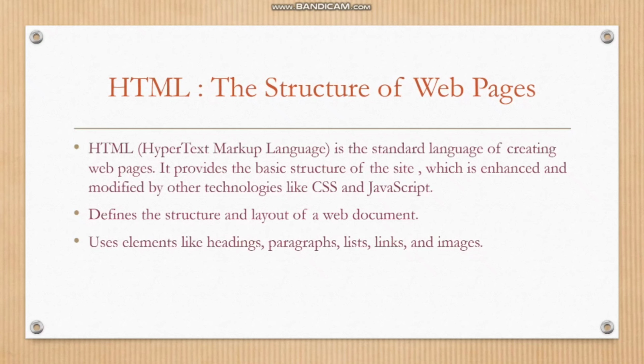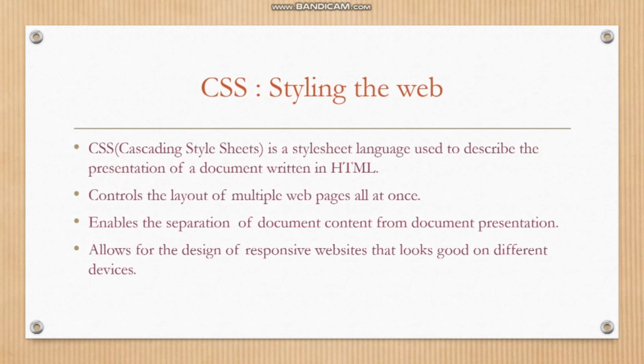Now we move on to the CSS part. What is CSS? CSS is the styling of the web. Just like HTML is the structure of the website, CSS is the styling. CSS stands for Cascading Style Sheet, a style sheet language used to describe the presentation of a document written in HTML. Without CSS, our website would be boring, just plain content with plain images and plain text and nothing else.